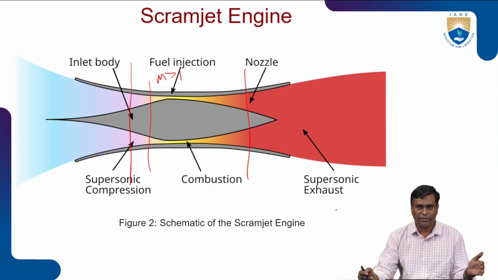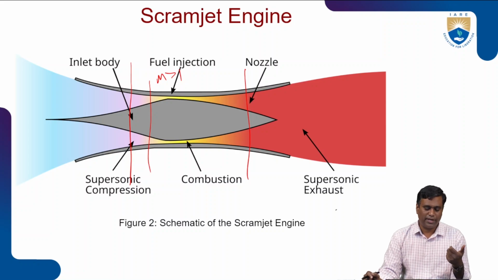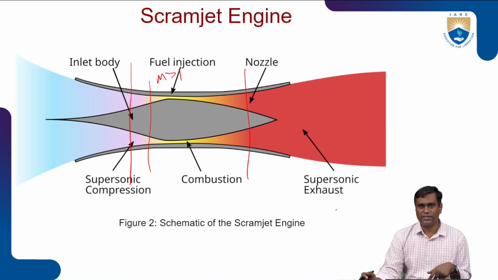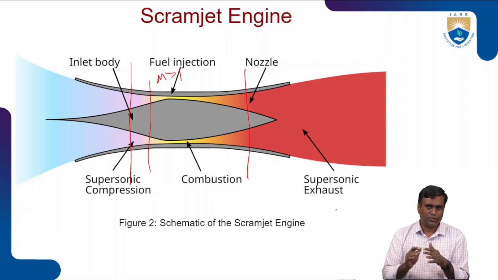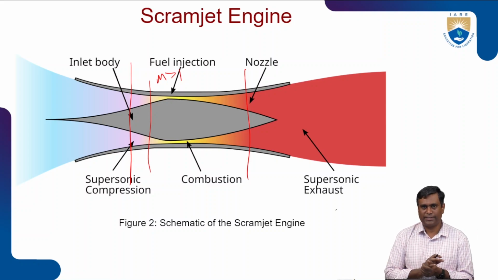And when you compare with ramjet, here special, complex or advanced injectors have to be developed, because the air inflow here is supersonic. Whatever fuel the injector injects should mix with air that is at supersonic speed. That is the increased complexity with the scramjet engine.